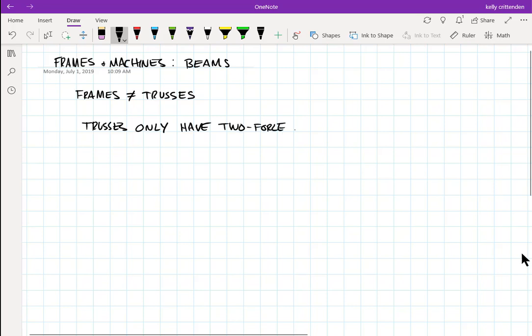Those assumptions we made set it up so that trusses only had 2 force members. But frames, the way they could be loaded, with external forces directly applied to the members, have at least one what we're going to call beam.